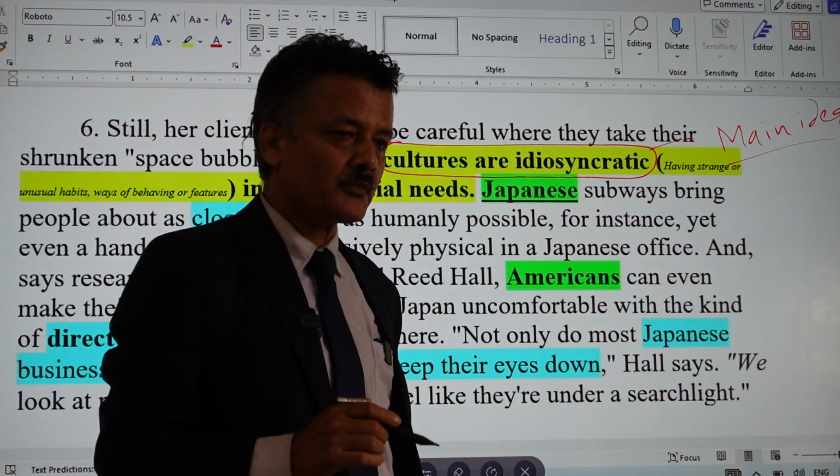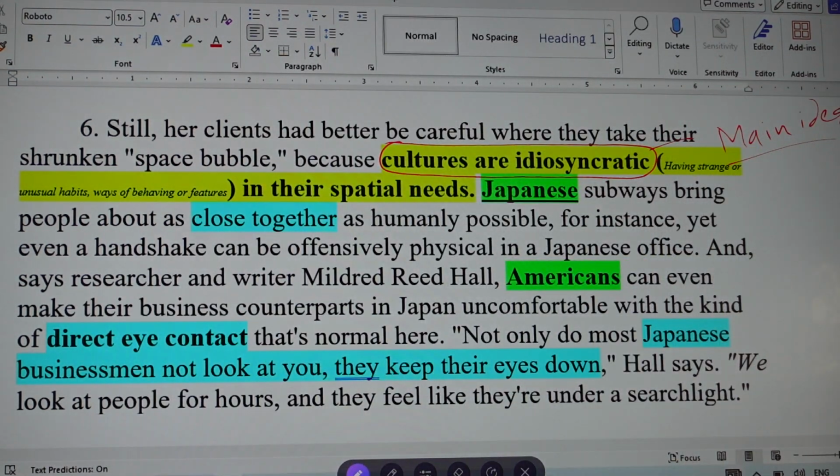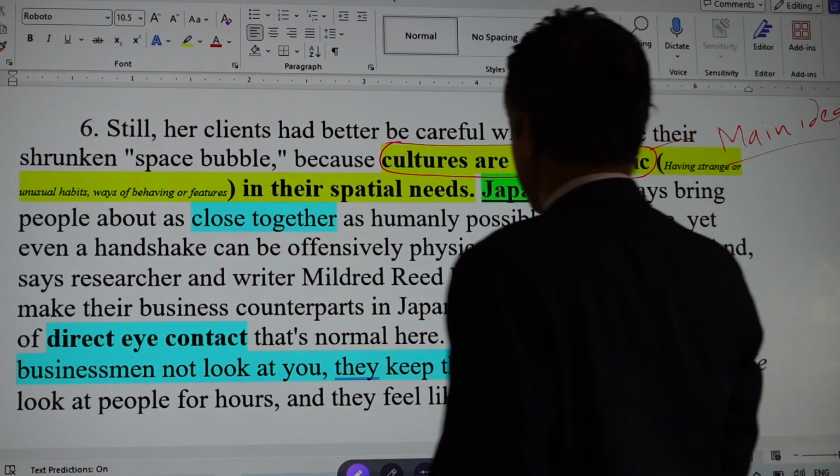And the sentence which presents the main idea in a paragraph is known as the topic sentence. What is it known as? Say it with me. Topic sentence.